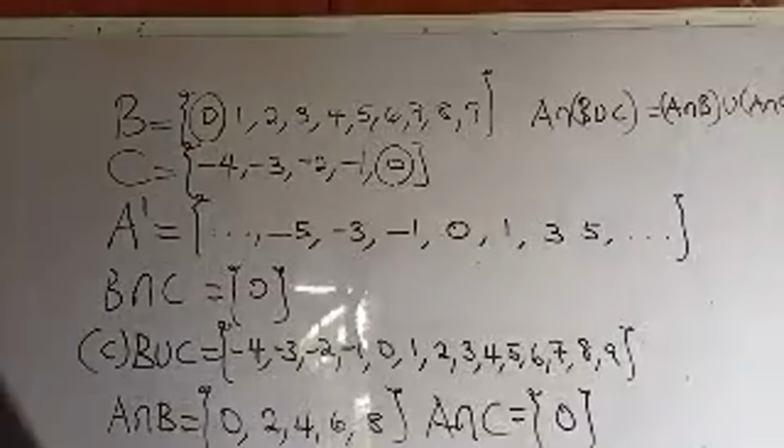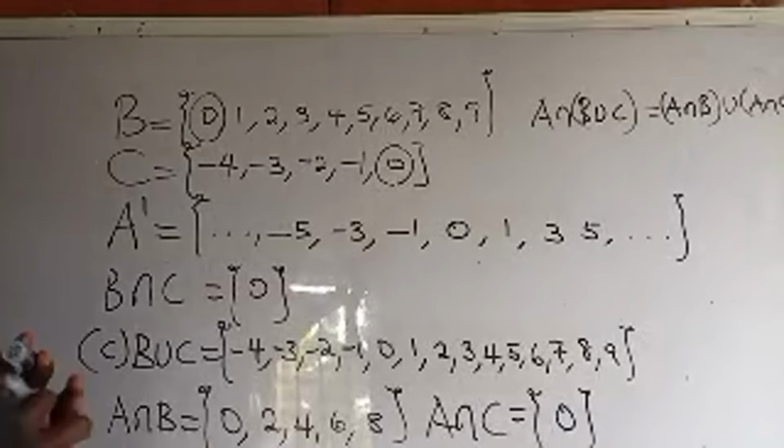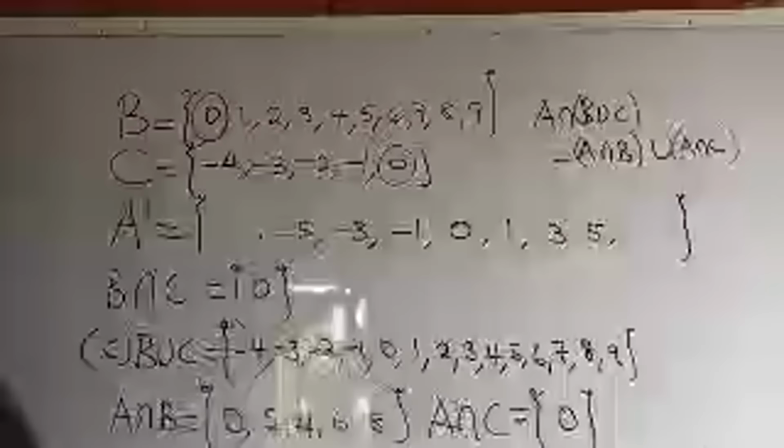We are asked to show that A intersection B union C is equal to A intersection B union A intersection C. Let's look at whether we can show that.